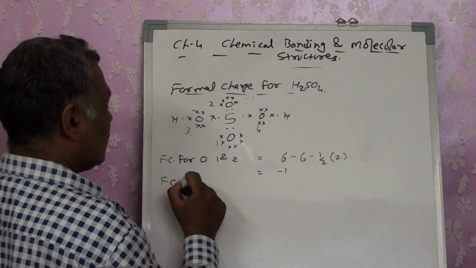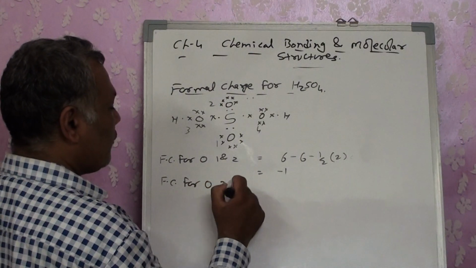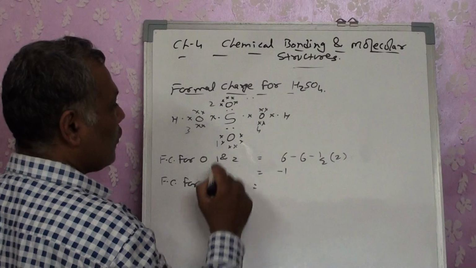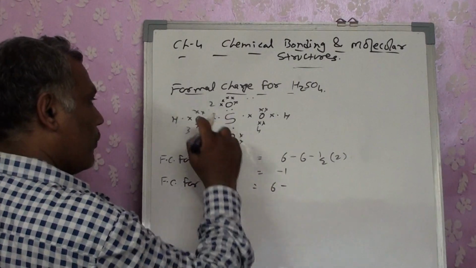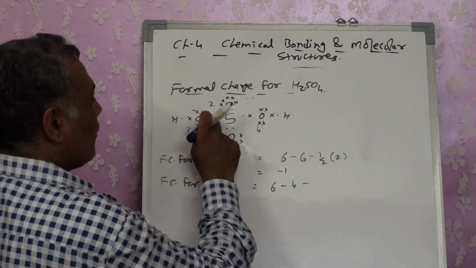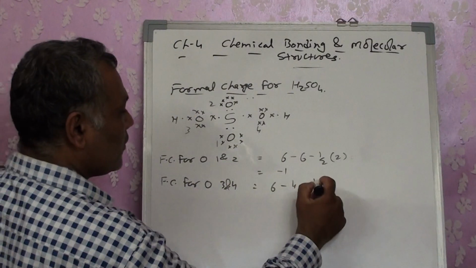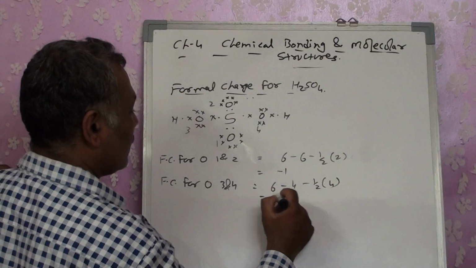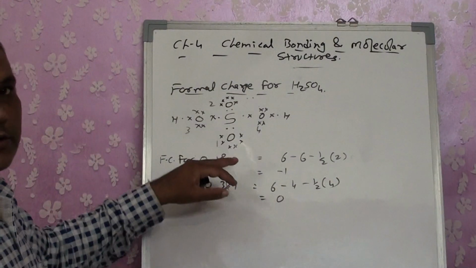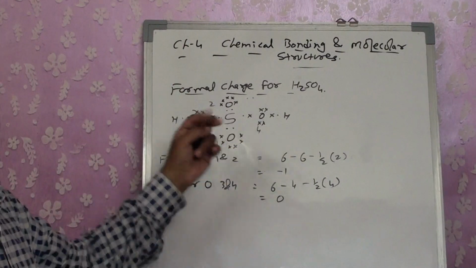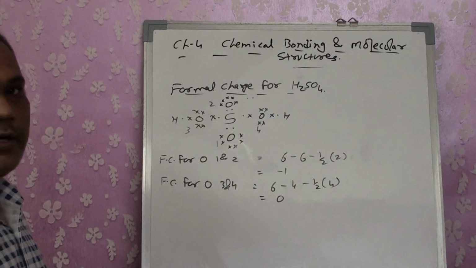Similarly, formal charge for oxygen 3 and 4: 6 valence electrons, lone pairs 4, and 1, 2, 3, 4 are bonded, so total 0. That means of these 4 oxygens, 2 are identical and another 2 are identical.